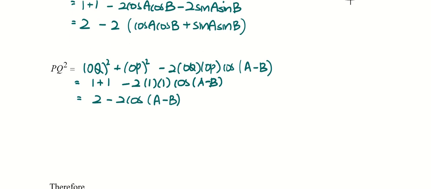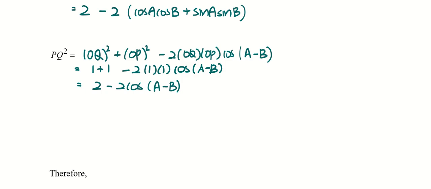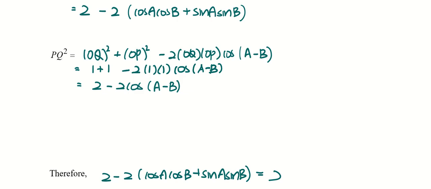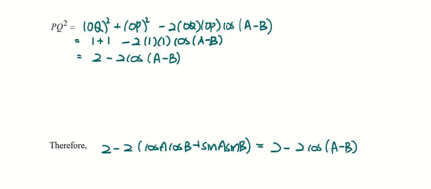So what you're going to have is, therefore, 2 minus 2 times cosine A cosine B plus sine A sine B equals 2 minus 2 cosine A minus B. The 2 is gone, right? Move around the terms.